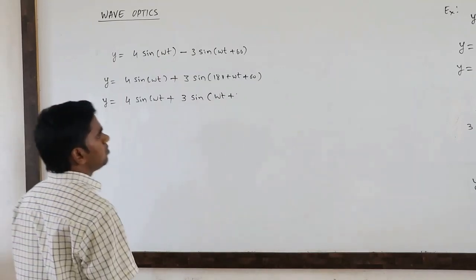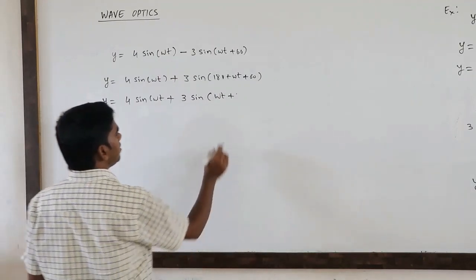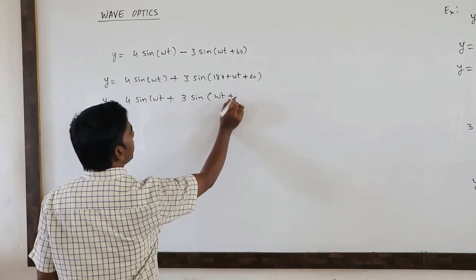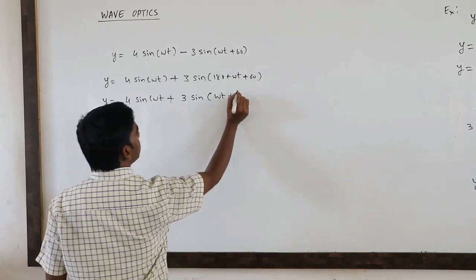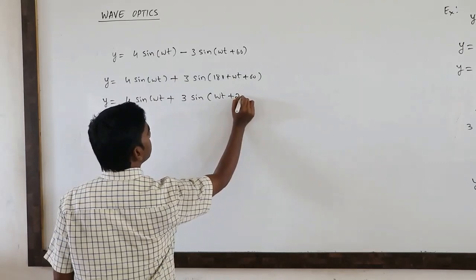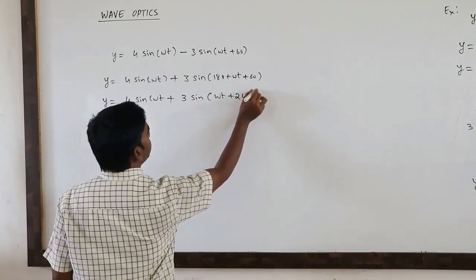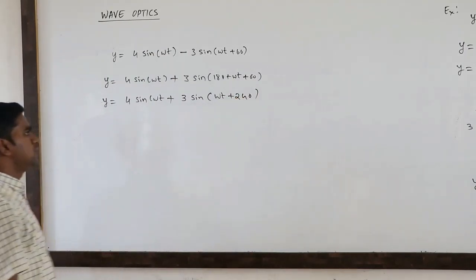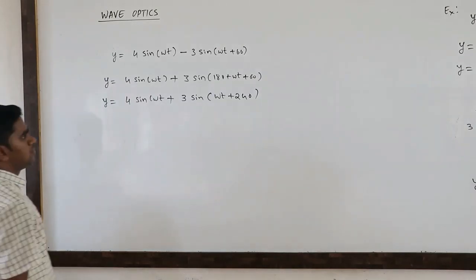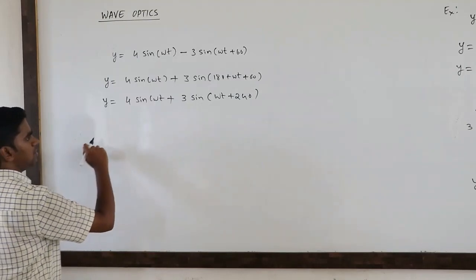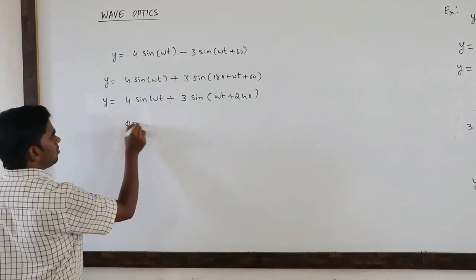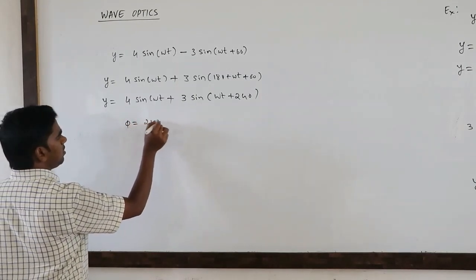So your standard form will become 4 sin omega t plus 3 sin omega t plus, and this is going to be 240. Okay, so if this is 240, now the angle between these two is going to be 240.